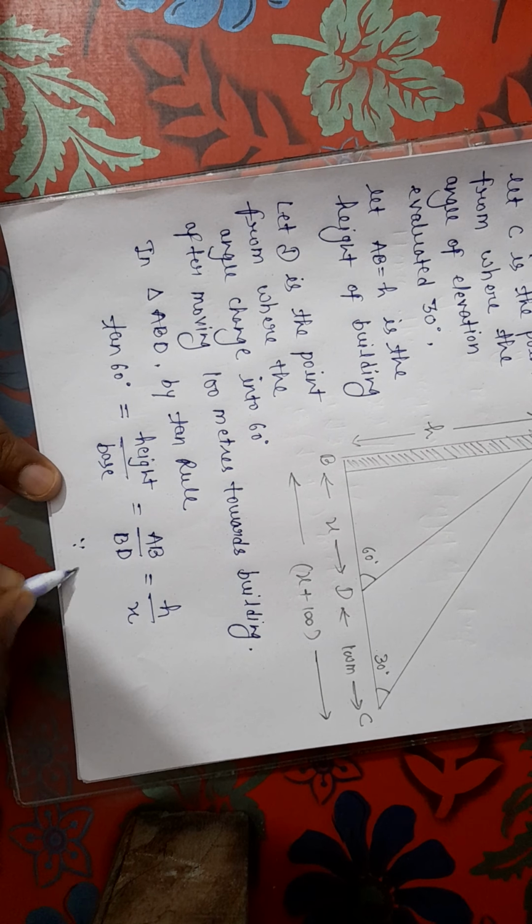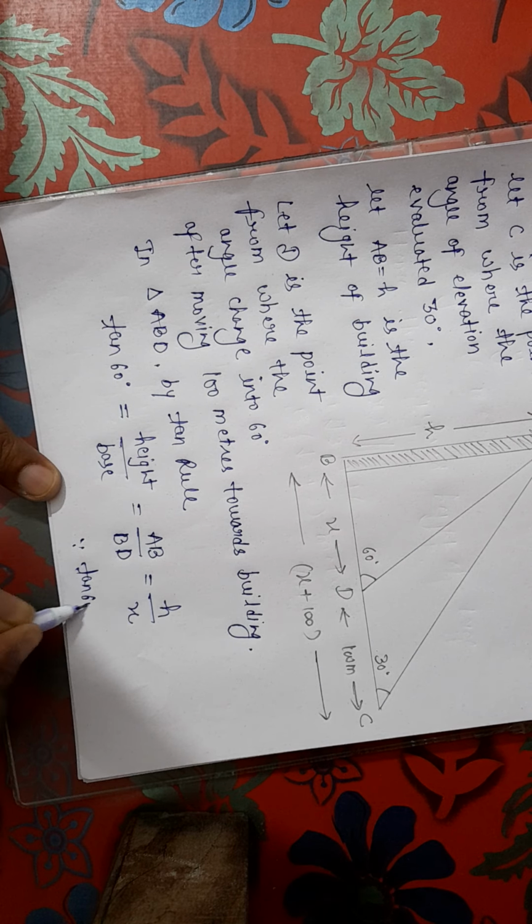Because we know tan 60 equals root 3, put the value of root 3 in the equation.